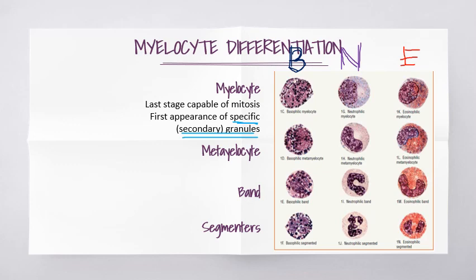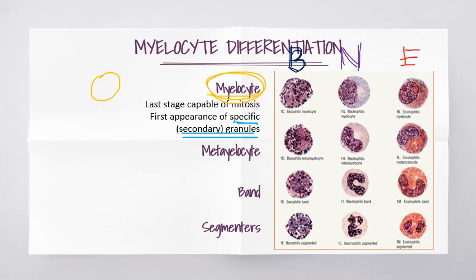So when we look at them under the microscope, it looks a bit orangey. We call that an eosinophilic cell. So we say that it's a myelocyte because the nucleus is still oval.